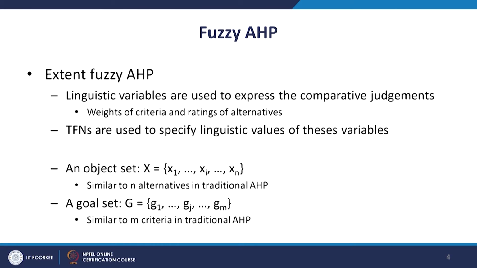Once these pairwise comparisons have been taken for extent fuzzy AHP from the decision makers, then we can use TFNs to specify these linguistic values. Once we have converted the linguistic values to TFNs, we can move ahead with other steps. The steps are quite similar to traditional AHP.